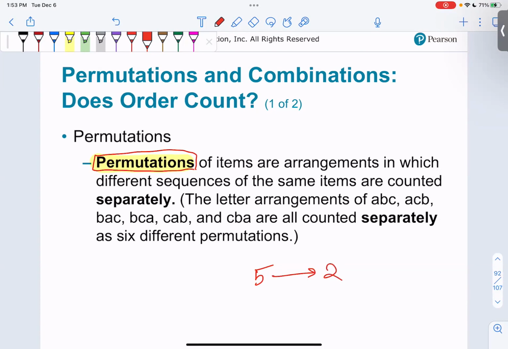In how many different ways can I select 2 students out of those 5? Got that question? Those 2, or those 2, or those 2. How many different ways can I select 2 students out of 5?